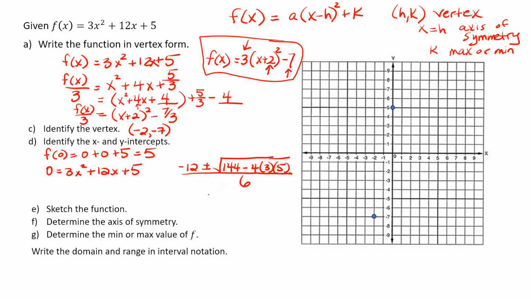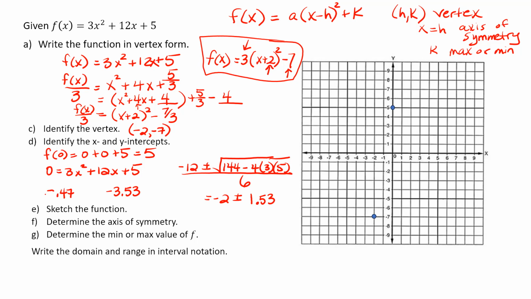So that is going to be negative 2 plus or minus about 1.53. And so that gives us our two x-intercepts: negative 2 minus 1.53 is going to be negative 3.53.